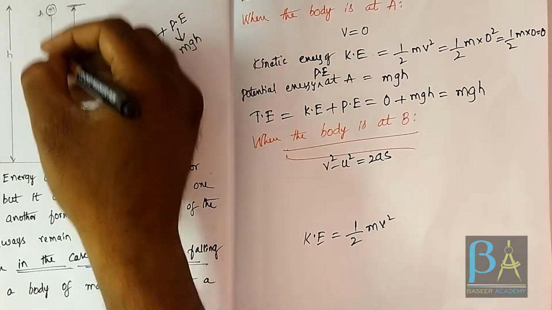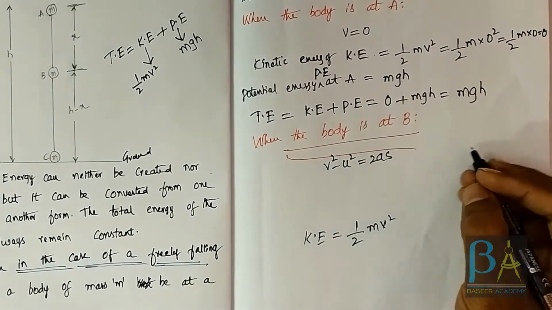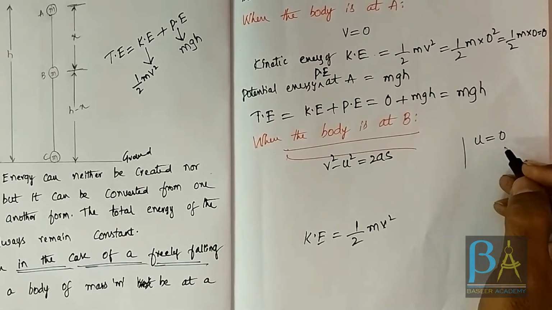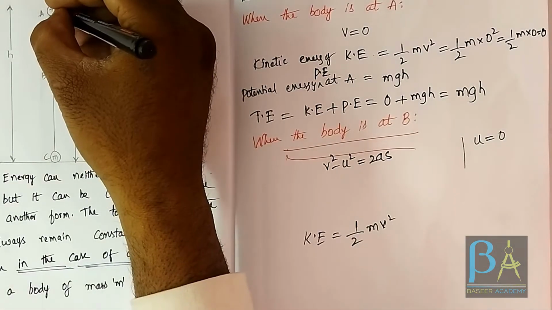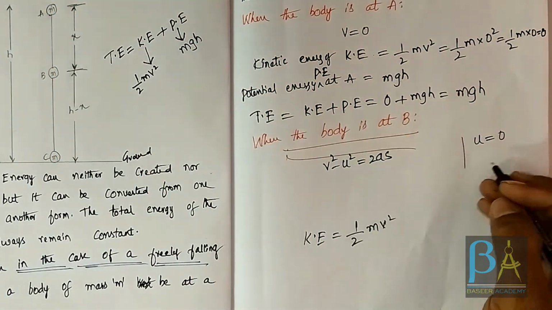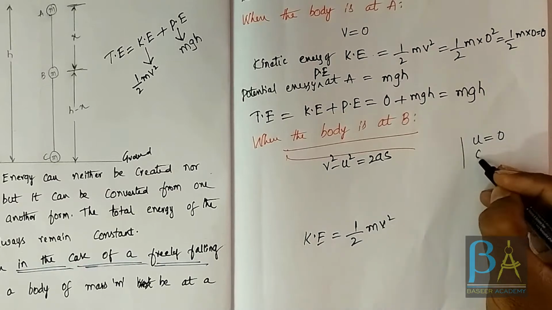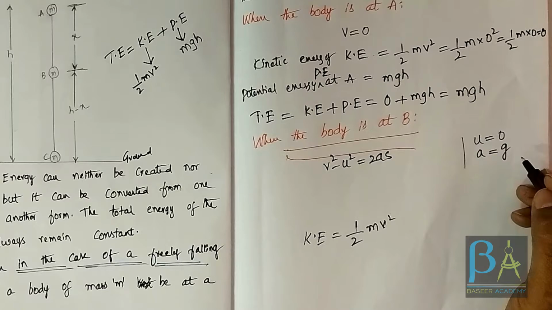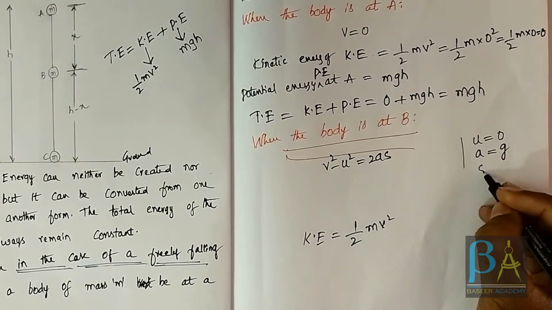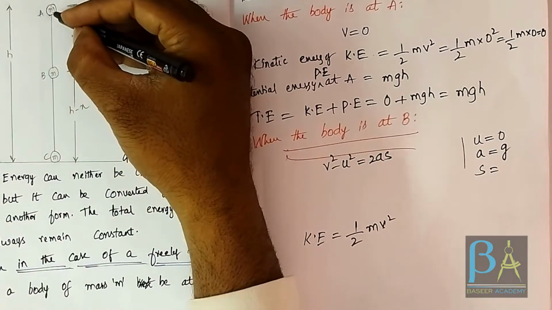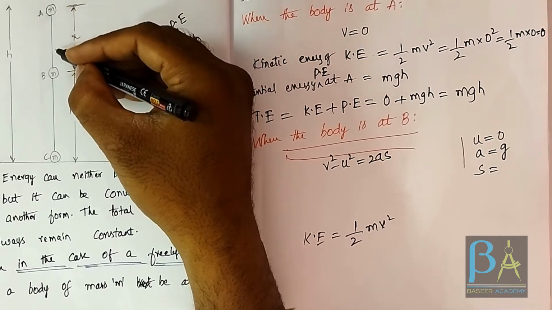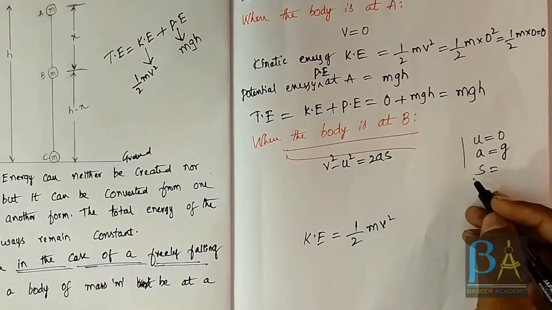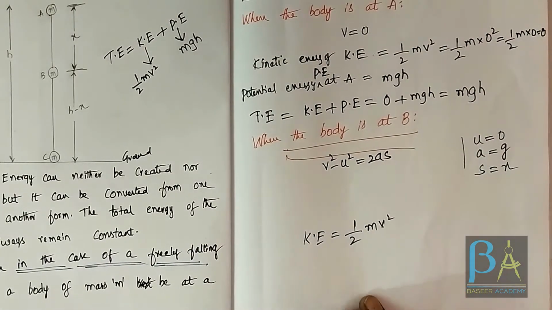So here, in place of initial velocity u, I'm going to substitute 0, and since the body is falling under the influence of gravity, the acceleration is replaced by acceleration due to gravity, denoted by small g. And s is the displacement. What is the displacement here? From point A it started falling and then reached point B, so it has covered a distance of x. So the displacement here is equal to x.